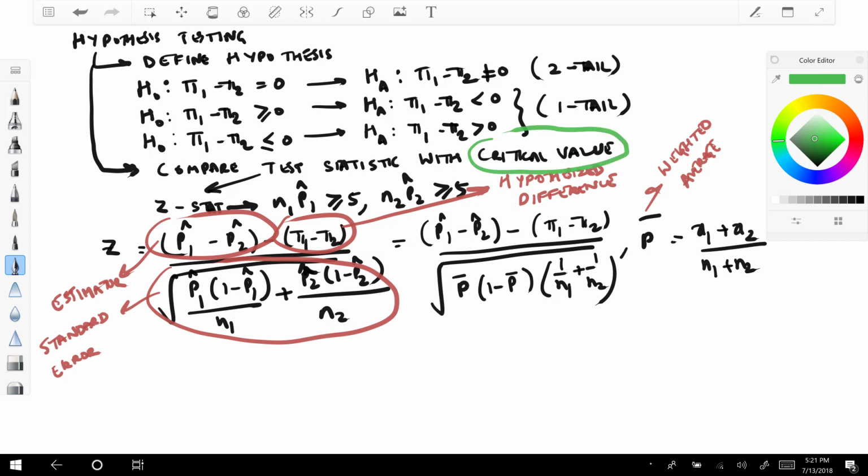So we have two critical values. One is z alpha over 2 if it is a two-tailed test, and z alpha if it is a one-tailed test. And then finally we make conclusions.